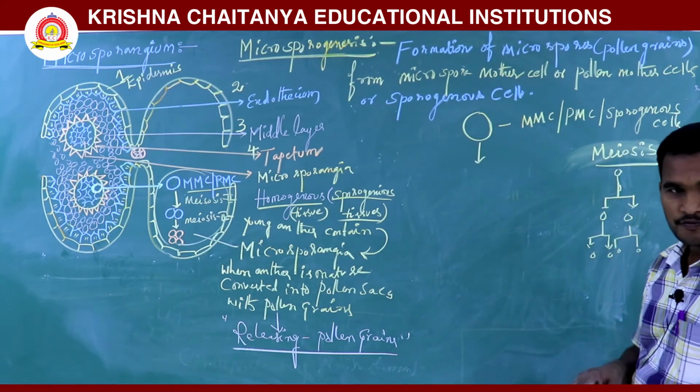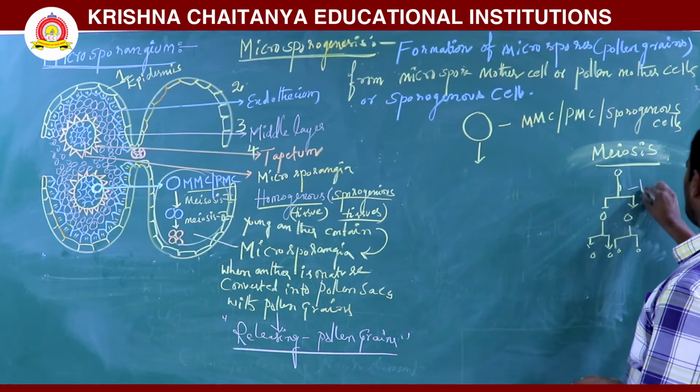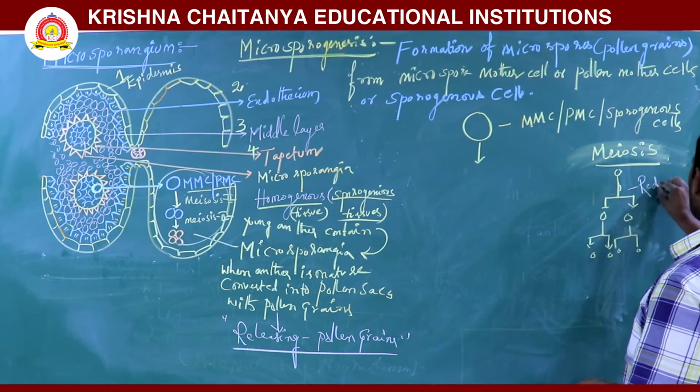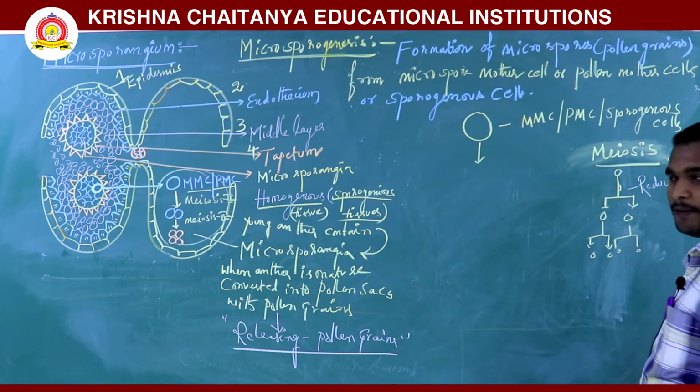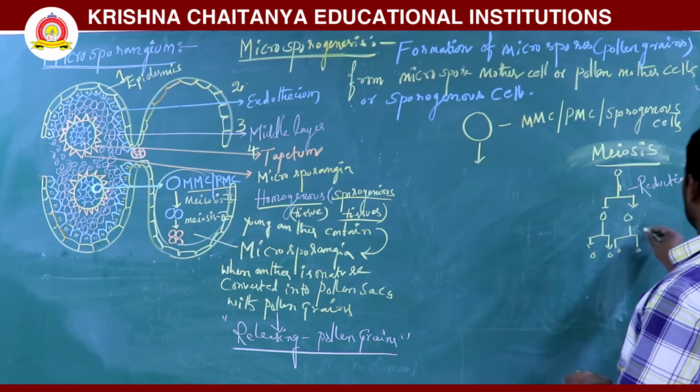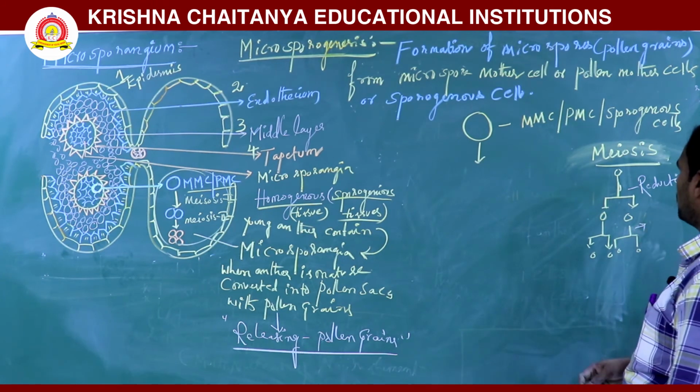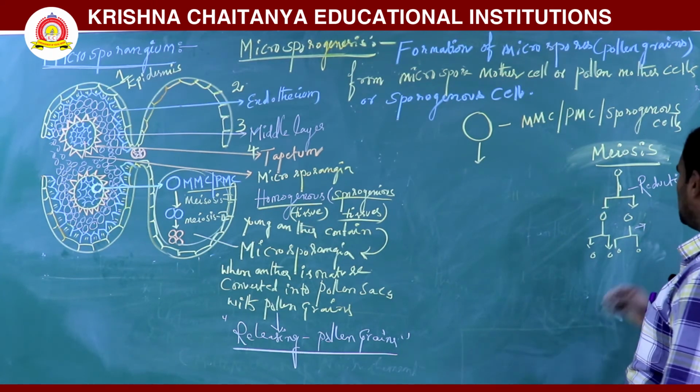So this first meiosis is reductional division; the chromosome number will be reduced. The next division is equational division.